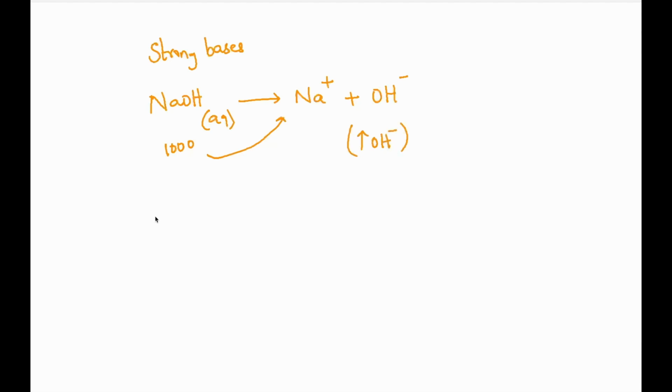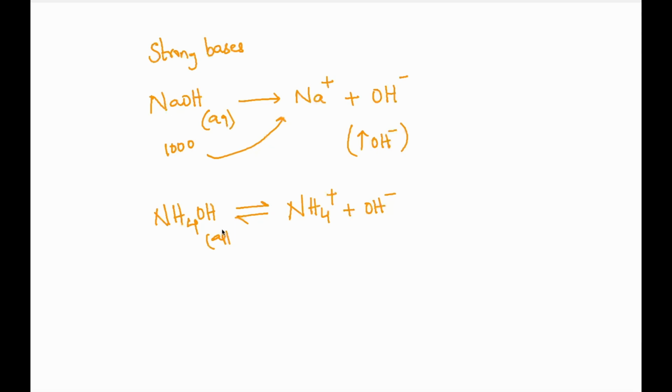Similarly, if we were to take a weak base like ammonium hydroxide, again this is a reversible reaction, and if it dissociates, the ions would be NH4+ plus OH- ions.